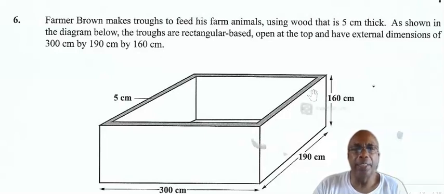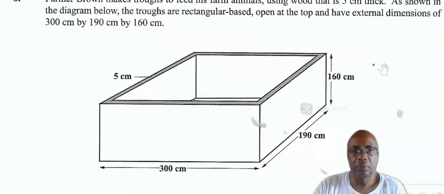As shown in the diagram below, the troughs are rectangular based, open at the top, and have external dimensions of 300 centimeters by 190 centimeters and 160 centimeters in height. So that's what we have.